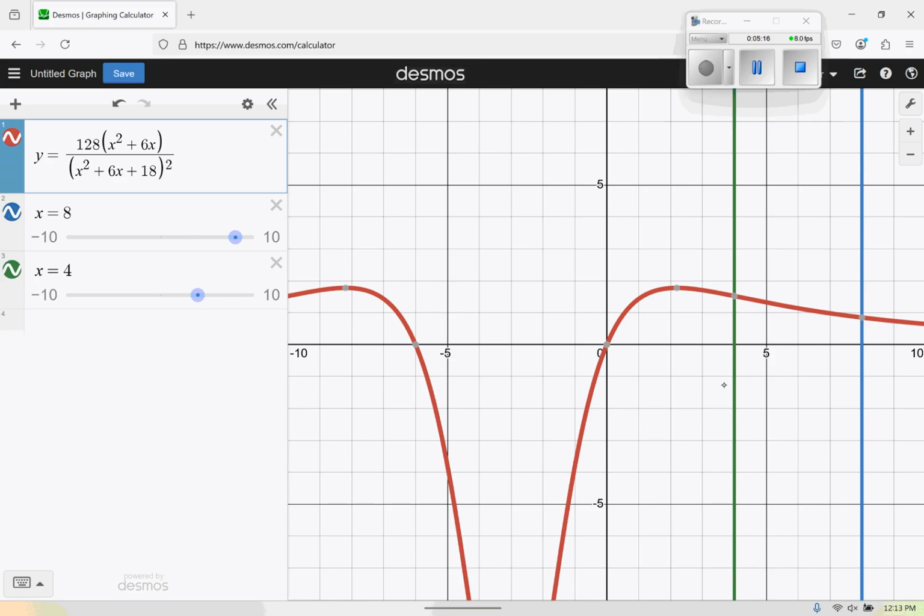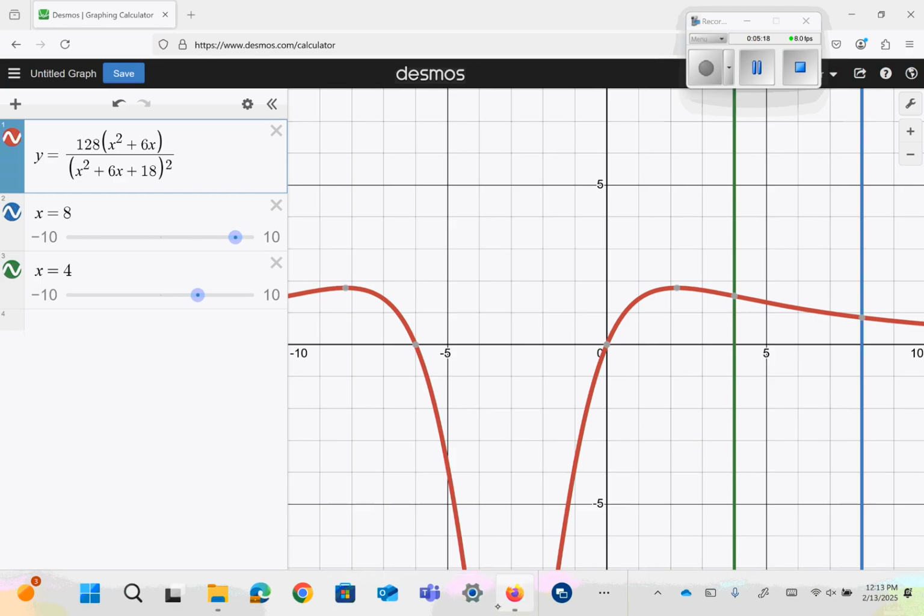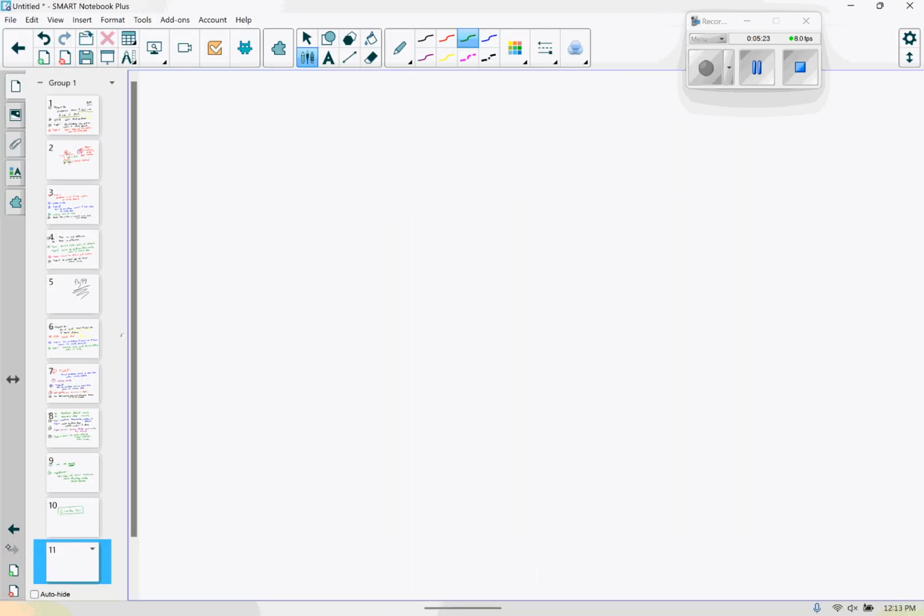I'm going to go away from this and try to draw this XY axis as best I can.